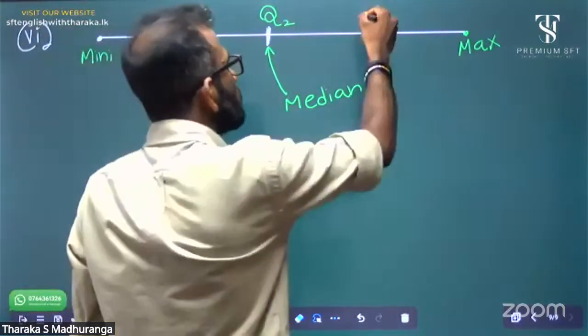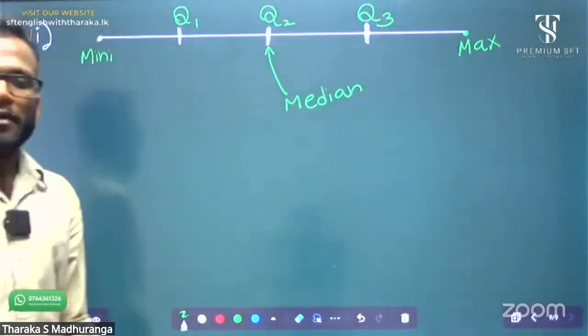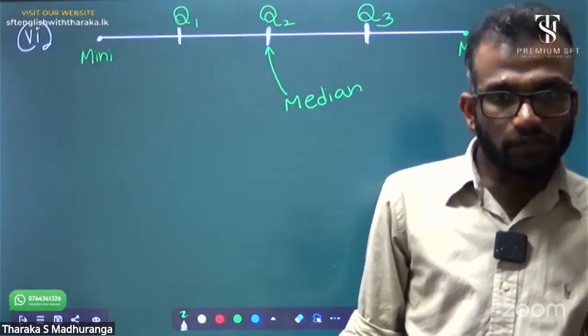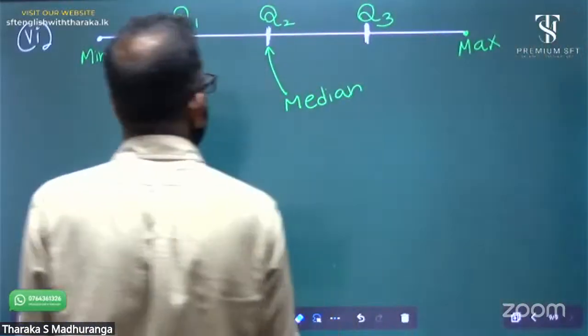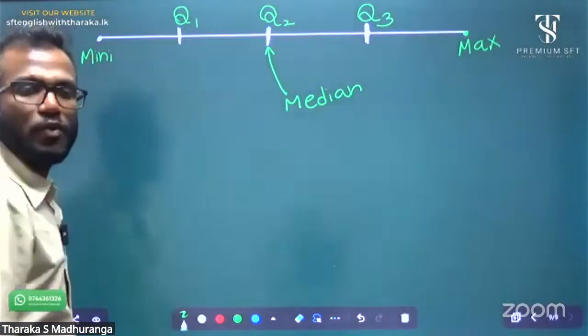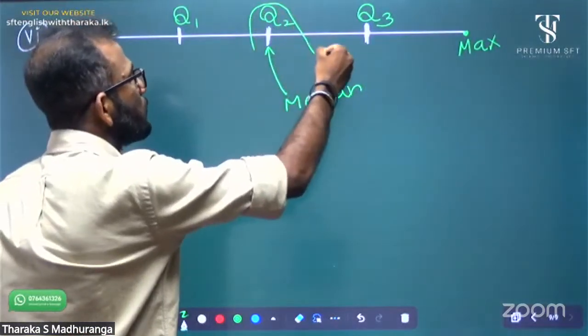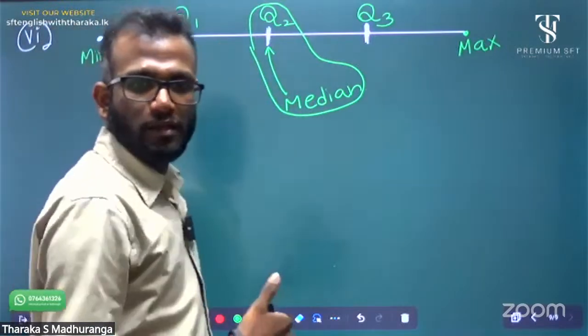The third cutting point we call the third quartile. Understood? Now you already got the second quartile. The second quartile is equal to the median. Understood?